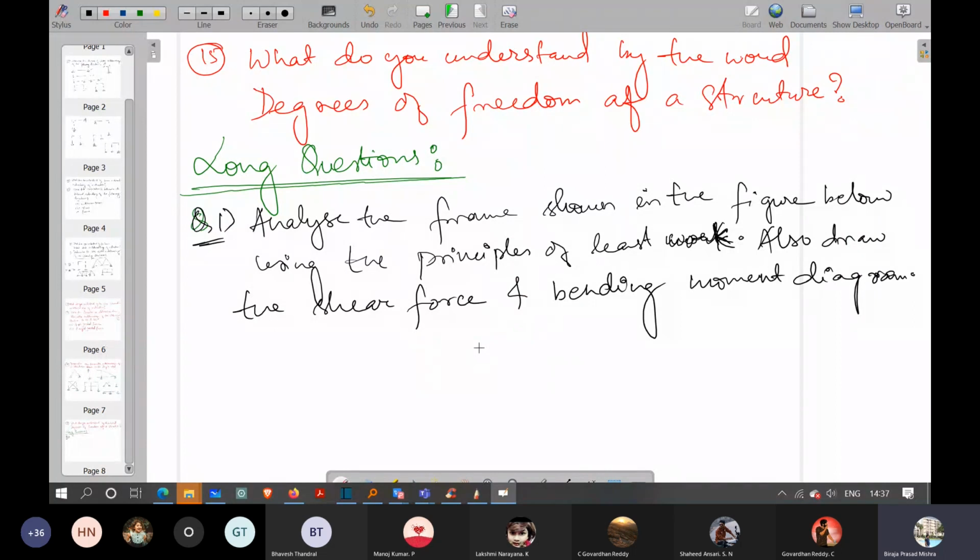Okay, so this is the structure. This one is a roller. This is fixed. And here we have a point load of magnitude P, and the length is this one.